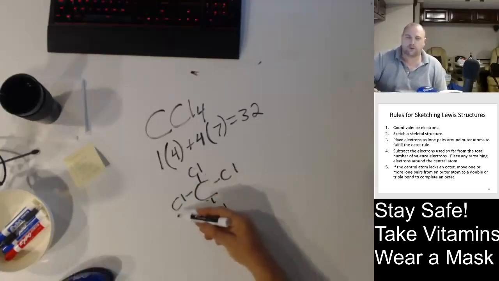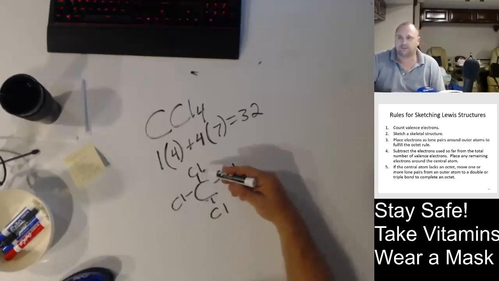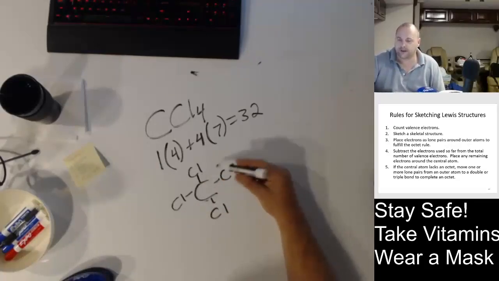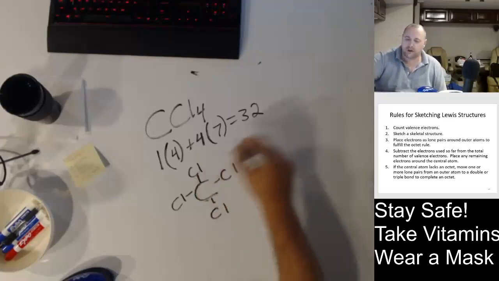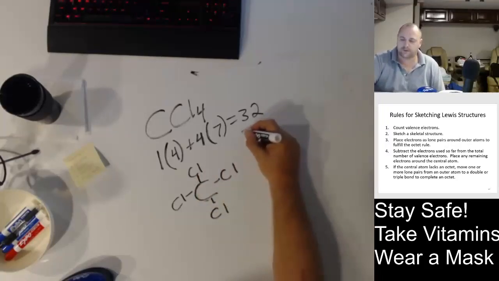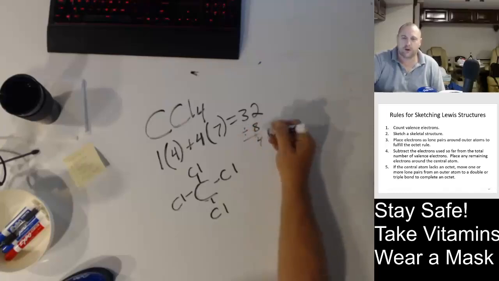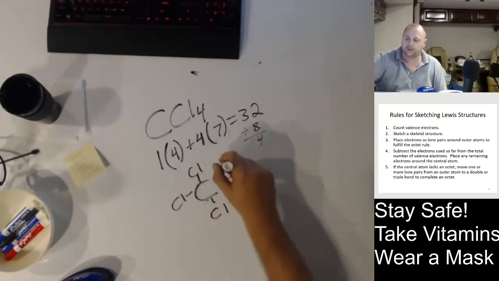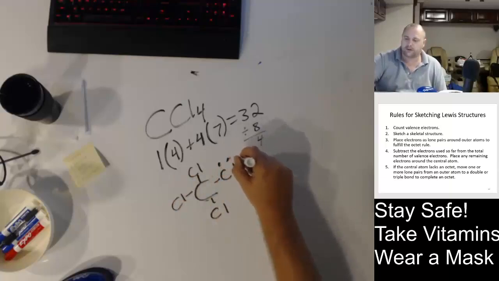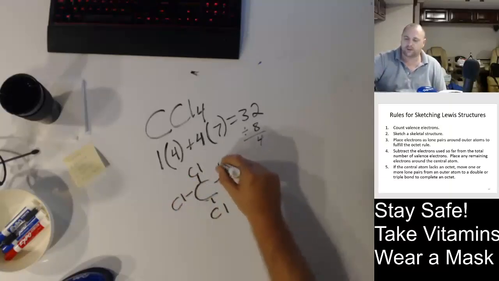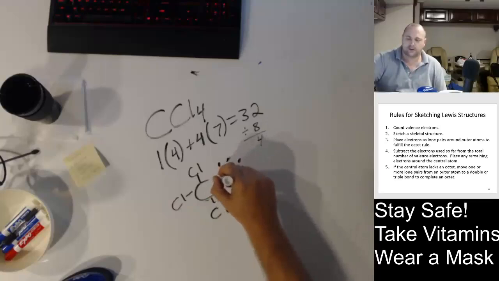And I have 4 chlorines. So in step 3, I want to fill the outside chlorines. So I know that 32 divided by 8 would be 4. So I can fill up all of my chlorines. Each one gets 6 dots and a line.